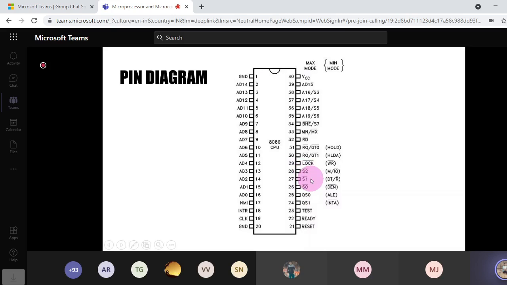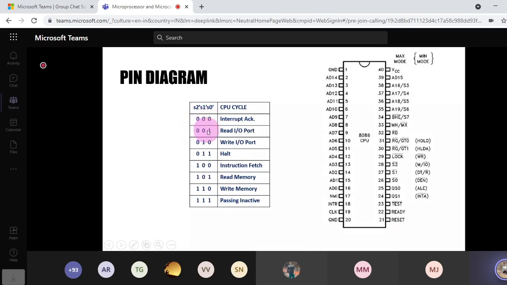So here we have S1, S2 and S0. Depending upon the combination of bits on S1, S2 and S0, you will have different meanings: interrupt acknowledge, read input port, write input port, halt, instruction fetch, read memory, write memory and passive.